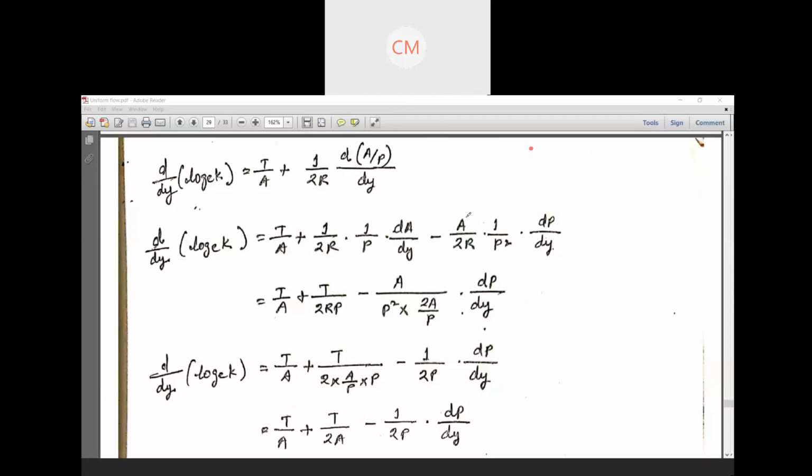Okay. So do you have any doubt in this part, in that differentiation?